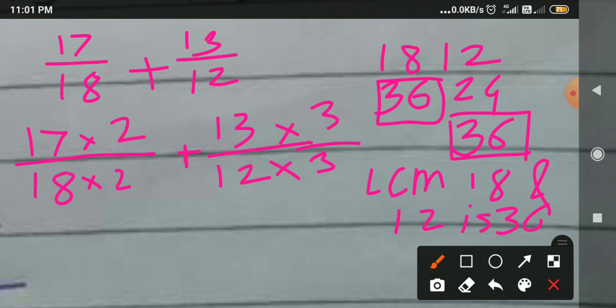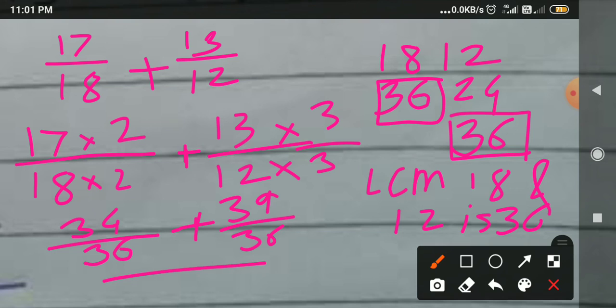So 17 twos are 34, 18 twos are 36, plus 13 threes are 39, 12 threes are 36. Now the denominators are the same. So 36, and the numerators' addition, 34 plus 39, is equal to 73 upon 36. As you know, 73 is a prime number, so it is not divisible by any number.